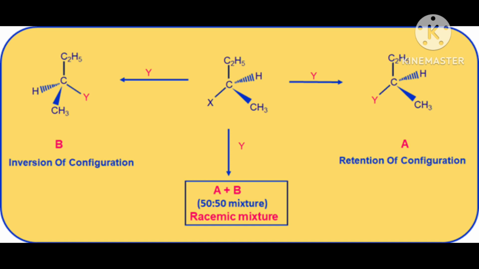XCABC is converted into the chemical species YCABC. When a chemical species X, you can write XCABC, X and C. X may be a halogen, C is carbon, and A, B, C may be groups.